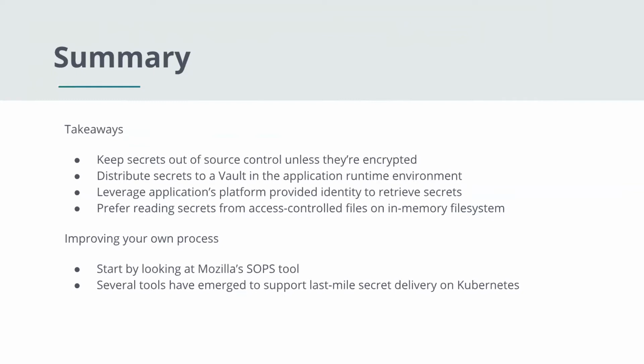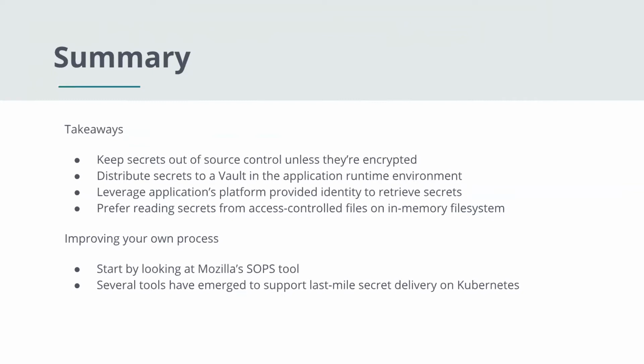Leverage the application's platform identity to retrieve those secrets. That's actually probably the most important thing. And then I would suggest that for most people, you prefer reading secrets from an access controlled file on an in-memory file system.